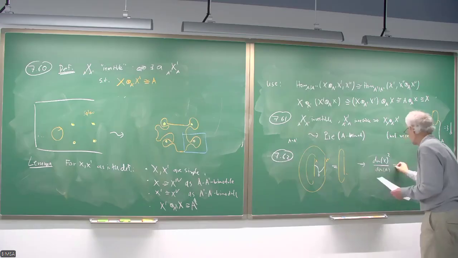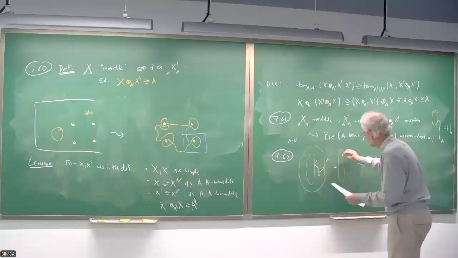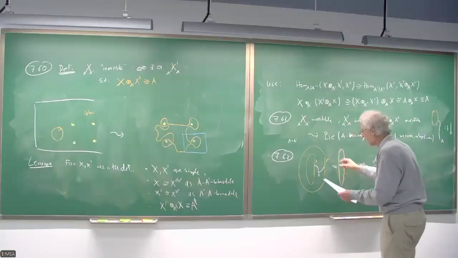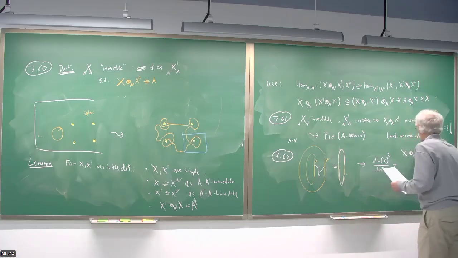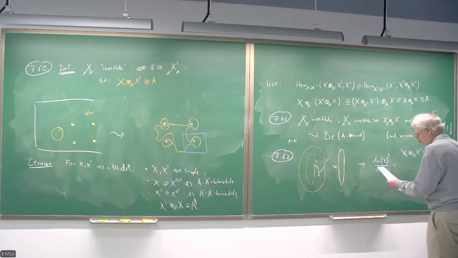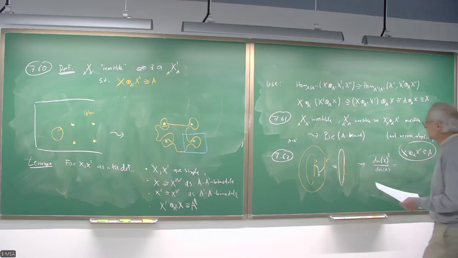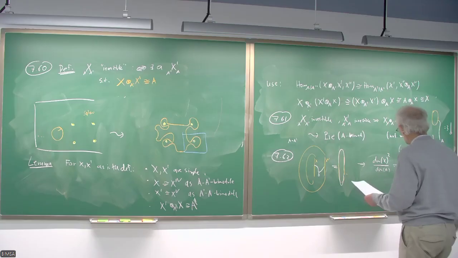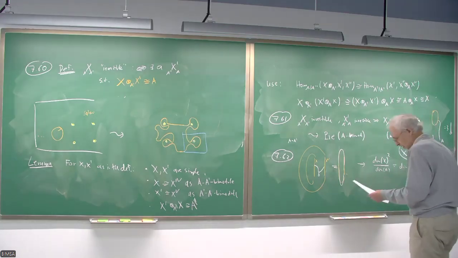I should have said before, we look at a situation that X tensor over A is invertible, so invertible A A bimodules, and then the right side is just the dimension of A.